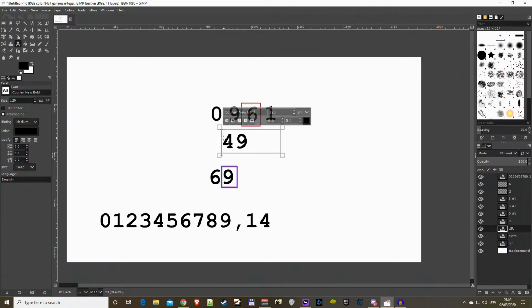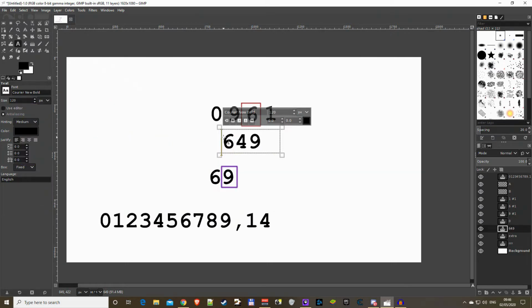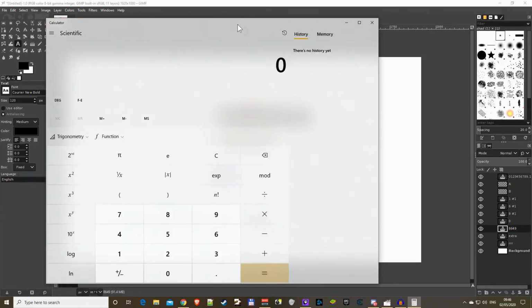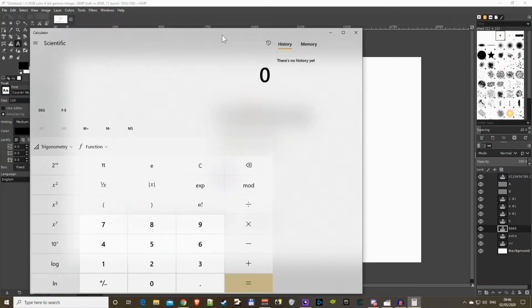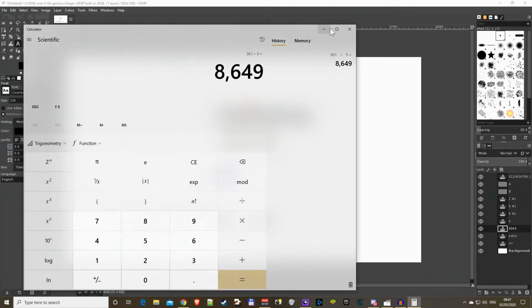So we write 6 here because that's where the position would be, and here we write the 8. And let's just take the calculator. 961 times 9. Yep, I still can do math in my head.